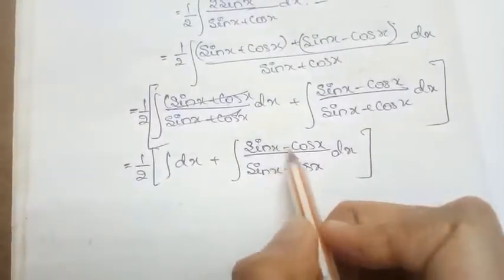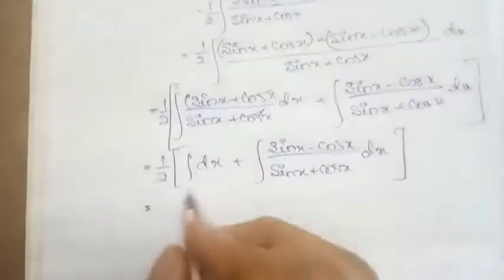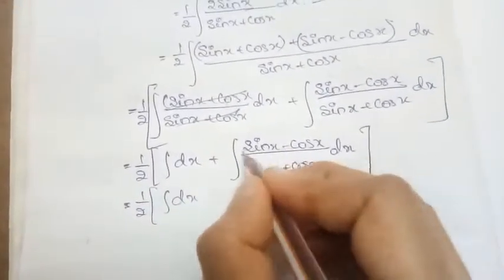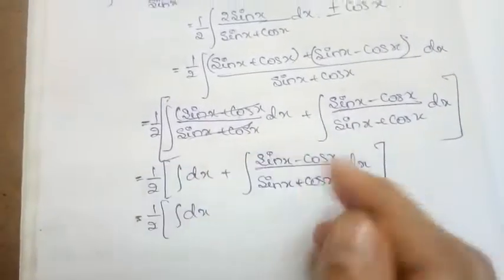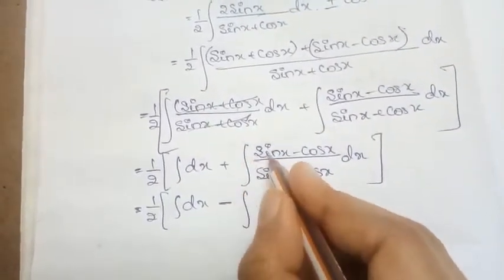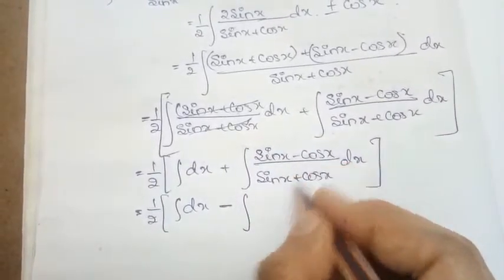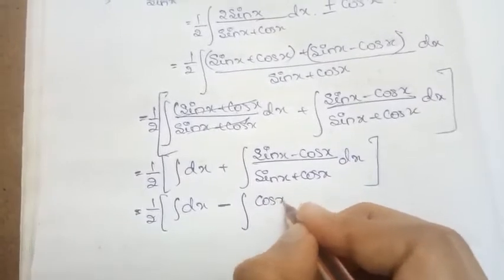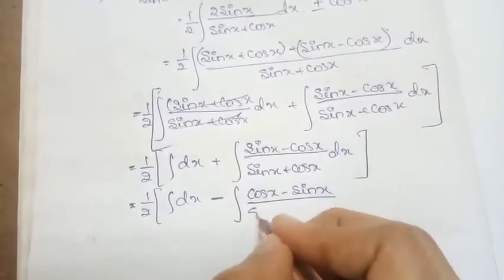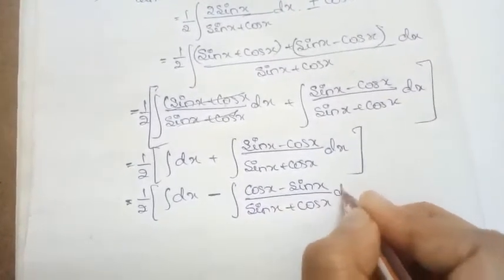What I am doing right now is getting the answer as per our need. I am taking the minus common outside from the numerator. If I take minus outside, minus sin x stays and this becomes plus cos x, so I can write it as cos x minus sin x divided by sin x plus cos x dx.